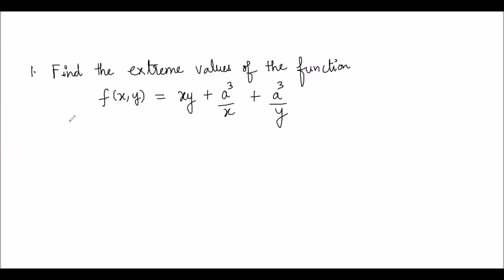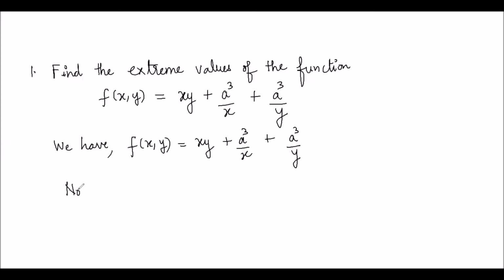So the first step is to find the first order partial derivatives and equate them to 0. We have f, a function of two variables x and y, as xy plus a cube upon x plus a cube upon y.